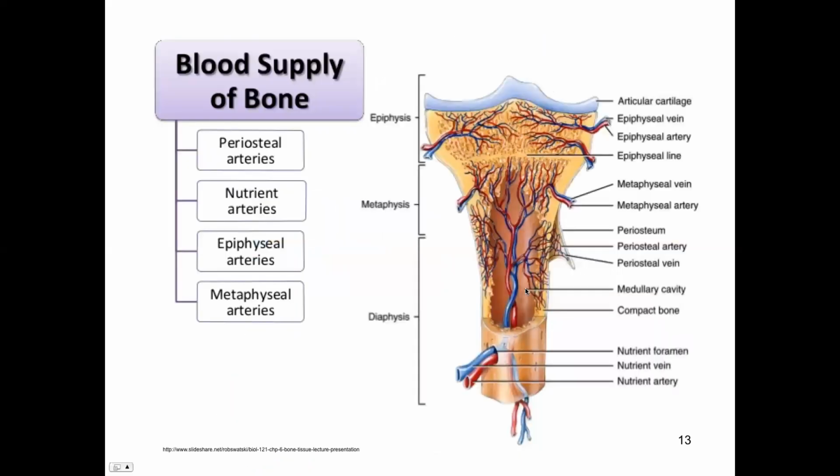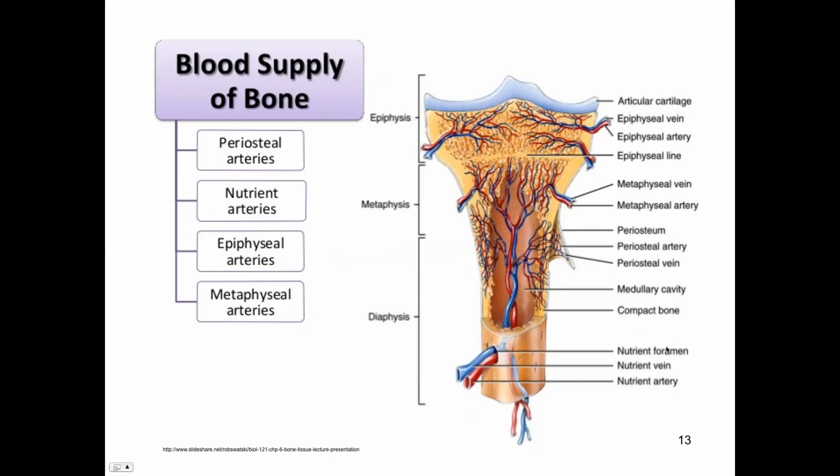Okay, blood supply. This is an extensive blood supply. Here you can see this picture has the metaphysis on it. I know it's a little fuzzy, but it's got all of this stuff in. You're not going to have to learn this, but I want to show you this extensive blood supply, and that they actually have names for all of these veins and arteries, depending on where they're located.